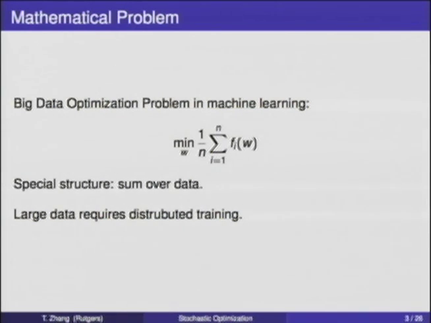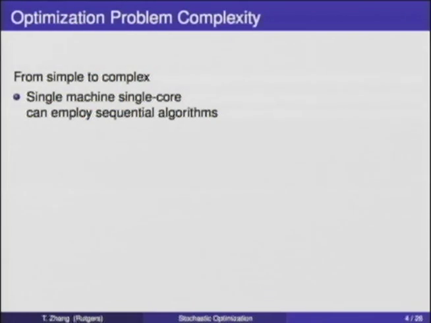If we have large data, then we also think about doing distributed computing for that. But for now, let's just look at this particular problem and see how we take advantage of the special structure. If we look at this optimization, we can have simple to complex forms.